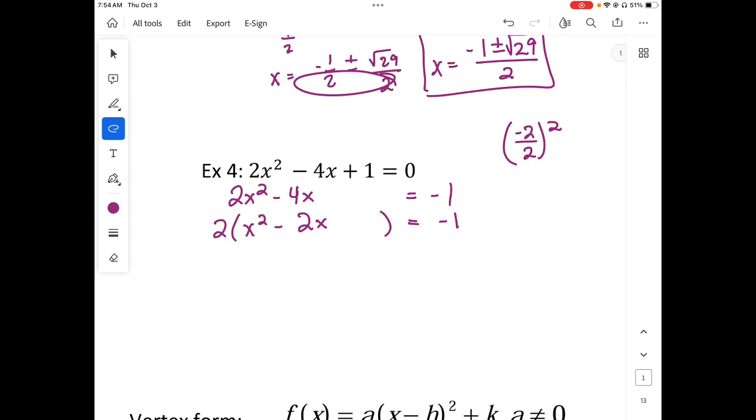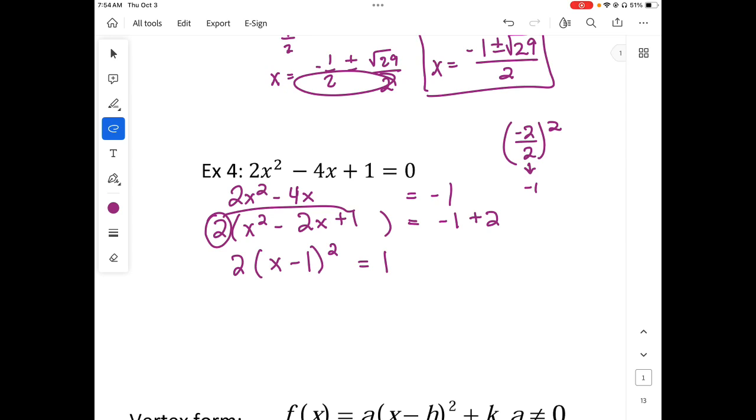So that is positive 1. But what I add to the other side is actually the 2 times 1, which is 2, because you have to distribute. Okay, so then we have 2, and this comes out to x minus 1 squared equals positive 1.